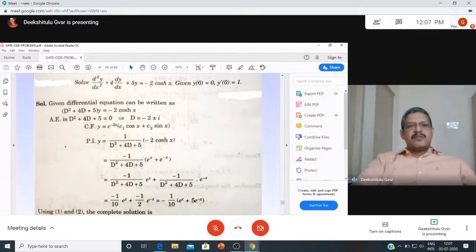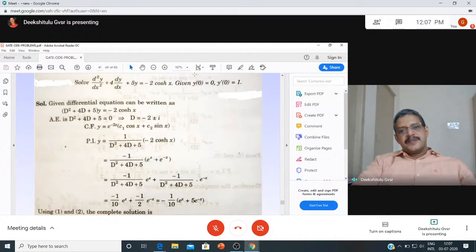D square y by dx square plus 4 dy by dx plus 5y = minus 2 cosh x. Again, a hyperbolic function here that can be converted into exponential functions. I am interested in this. Sometimes the conditions will be given to you, y of 0, y dash 0. In the complementary function, we have arbitrary constants.